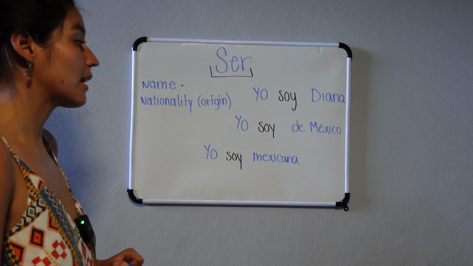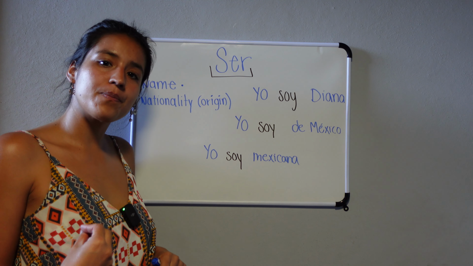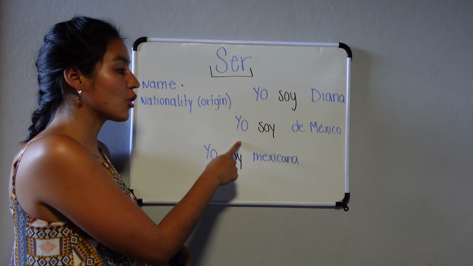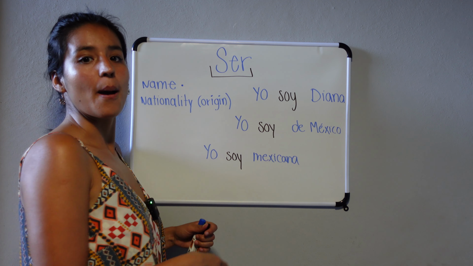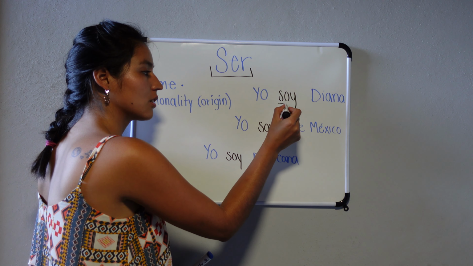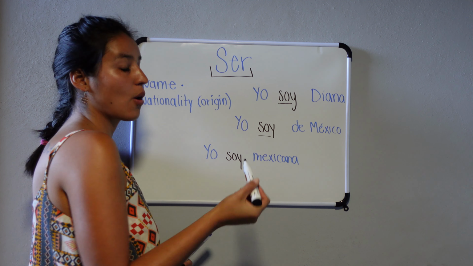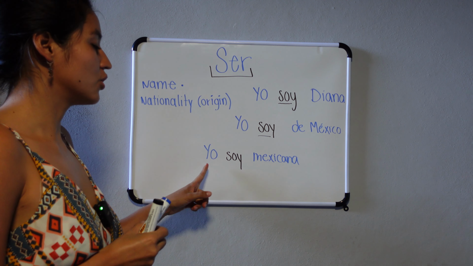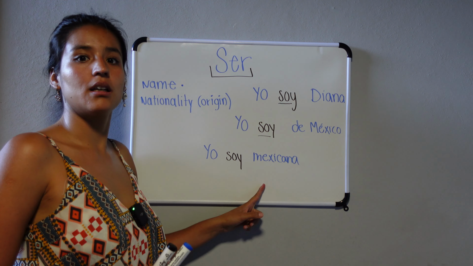Then, if you wanna say I am from, in this case, I'm from Mexico, so that's the example. Yo soy de México. Okay, we are using this conjugation because that's the one that we need to use for yo. And the other one, yo soy mexicana, okay?